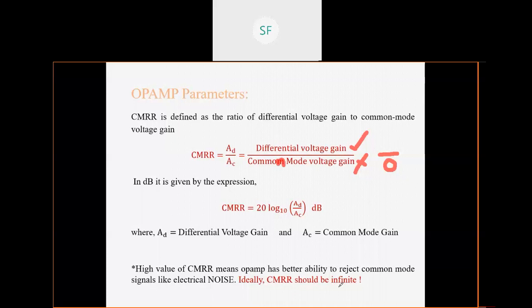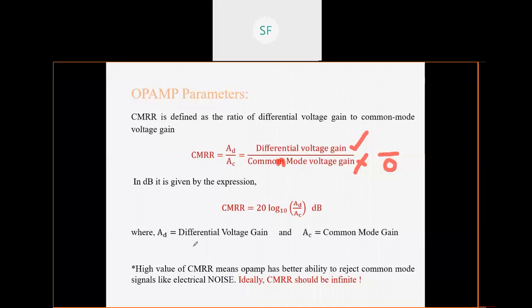So you should be able to explain that sir, CMRR is nothing but the differential voltage gain divided by the common mode voltage gain. We want differential voltage, but we don't want common mode, because common mode signals are nothing but noise. So the denominator should be as minimum as possible. That means ideally the denominator should be 0. So when the denominator is 0, ideally CMRR will be infinite. Okay, so this is a very important point.